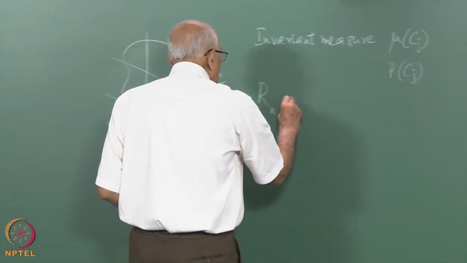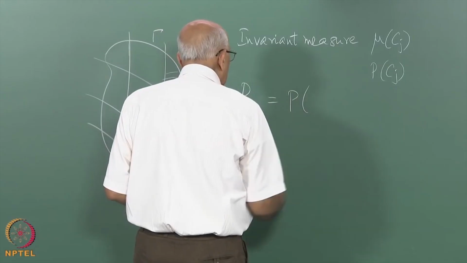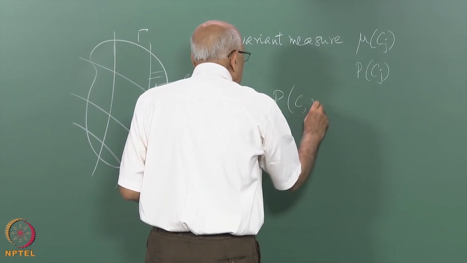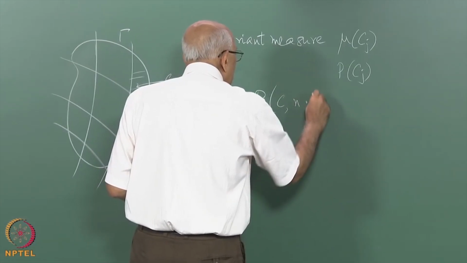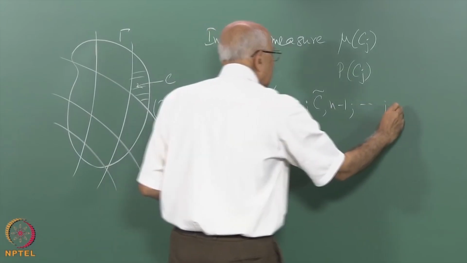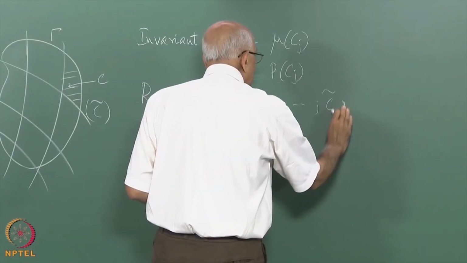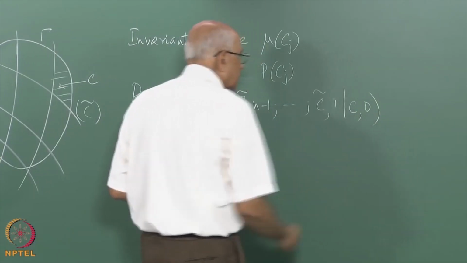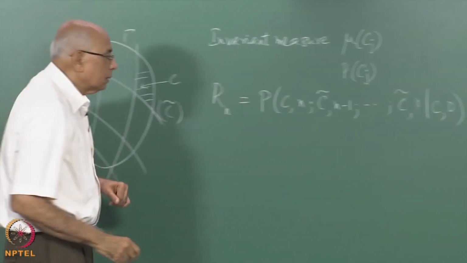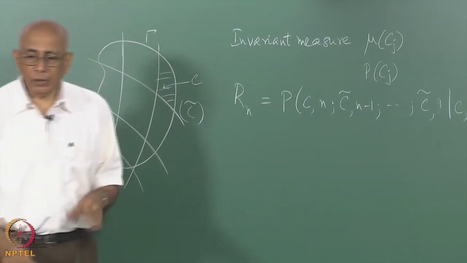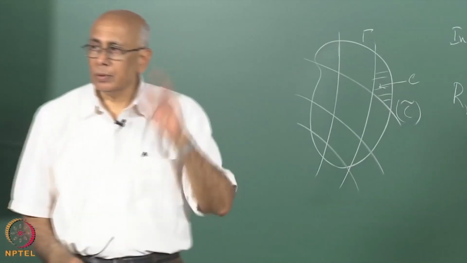This was nothing but the conditional probability that you are going to be back at cell C in time n, and you are in the complement C tilde in the previous instance 1, given that you started in this cell at time 0. So that is the recurrence time distribution as a function of n running 1, 2, 3 etc.